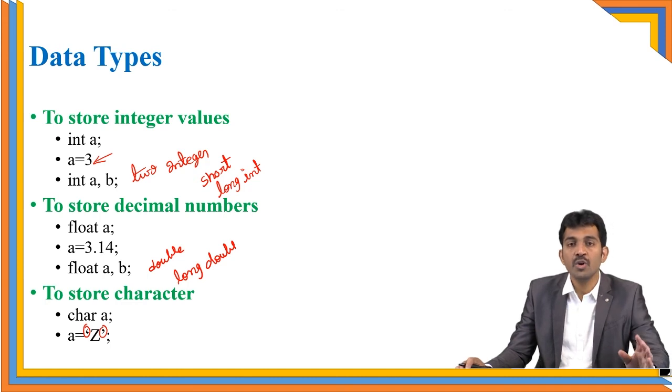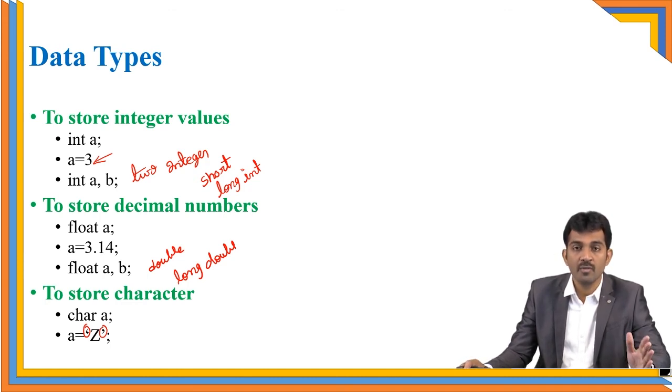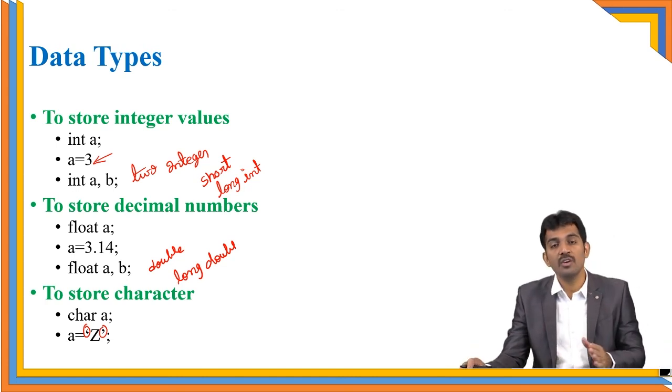So this is the way you define your data types. Only remember the formula for the minimum and maximum value: minus 2 power n minus 1 to 2 power n minus 1 minus 1. This is the signed formula. Unsigned means 0 to 2 power n minus 1. If you apply this formula, you can find the maximum value a particular data type is going to store.